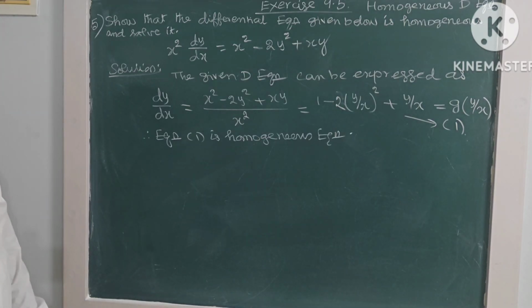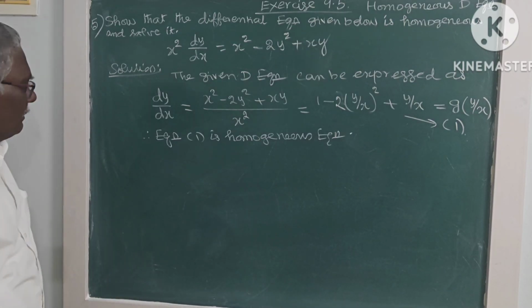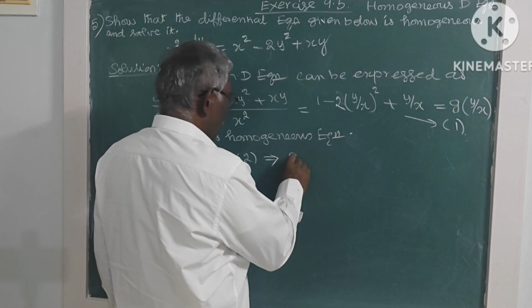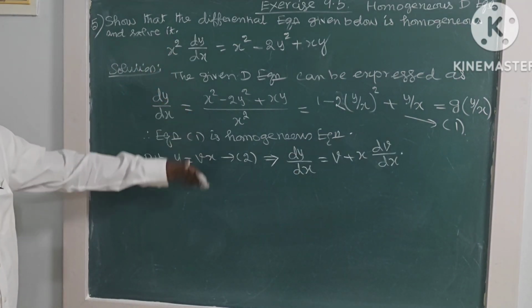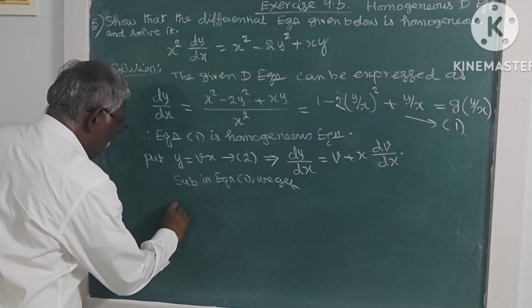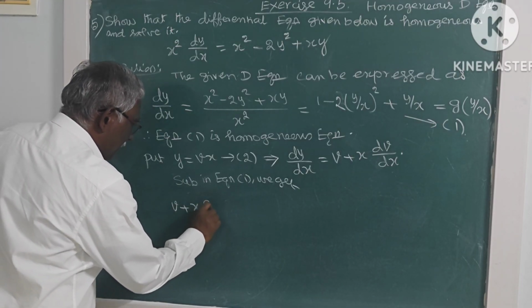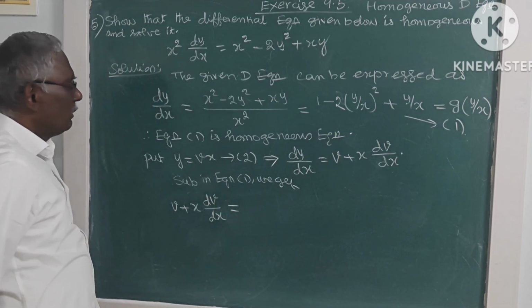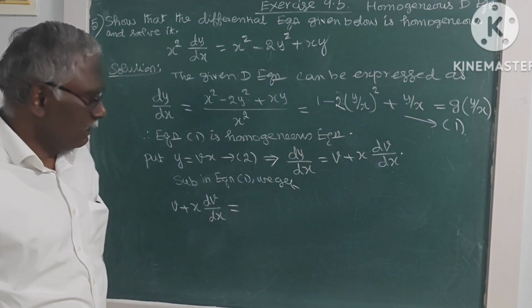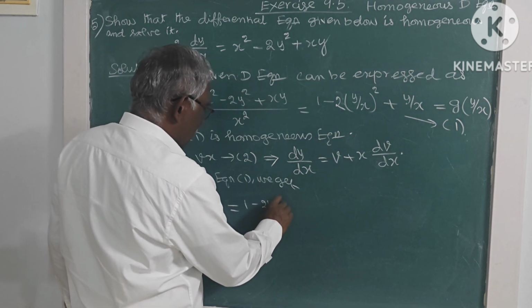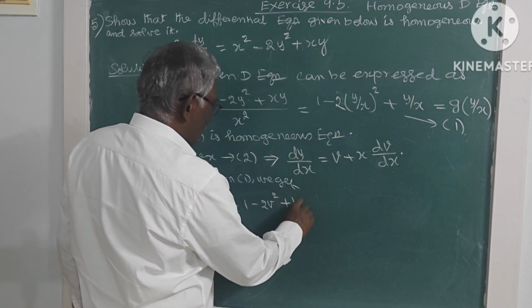What we have to do now? Put y is vx. We differentiate with respect to x and substitute this in equation 1, we get v plus x into dv by dx equal to 1 minus 2v square plus v.